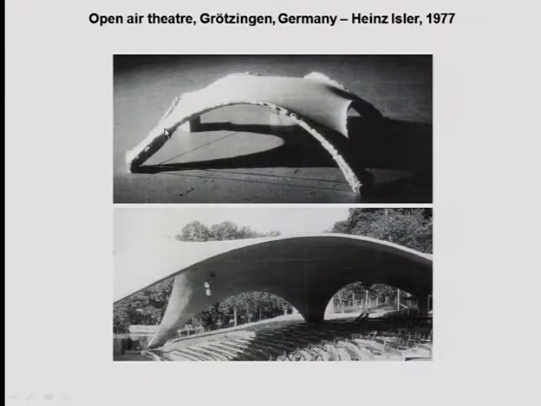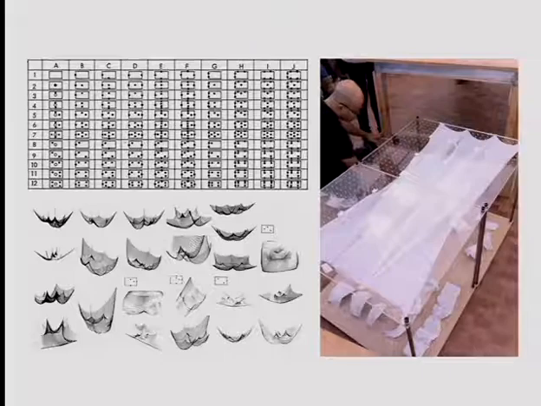And this is a physical model of the open-air theater you see down here. So again, we're talking about a minimum amount of material used in the shell. So pieces of fabric are used to do that. And again, I've done the same experiment with the students, in Denmark, about 5 years ago.